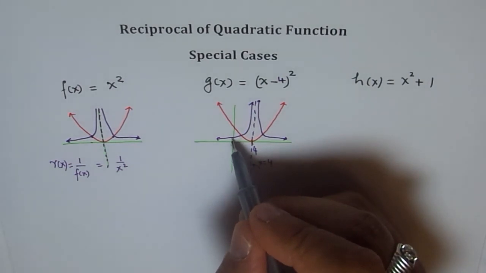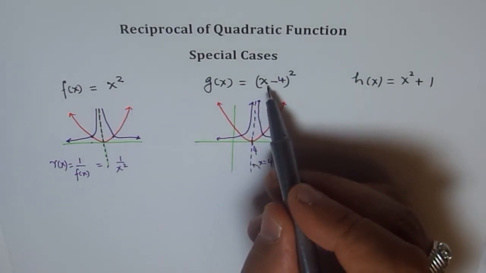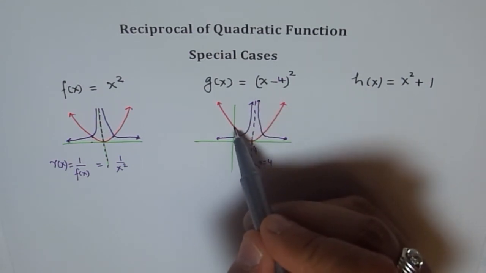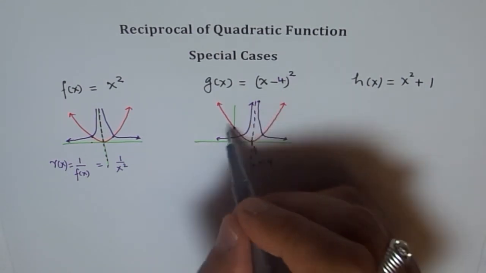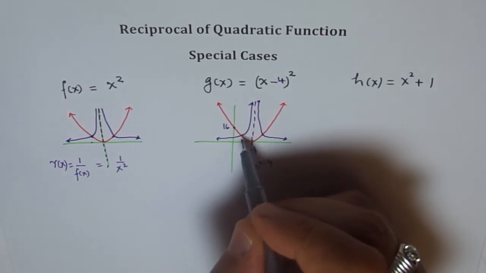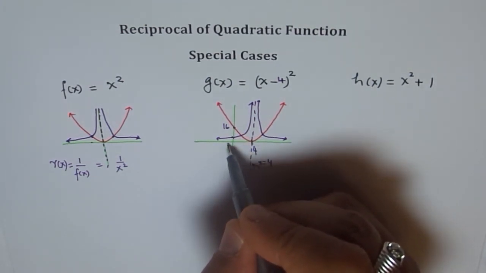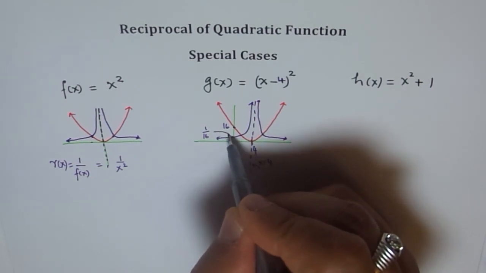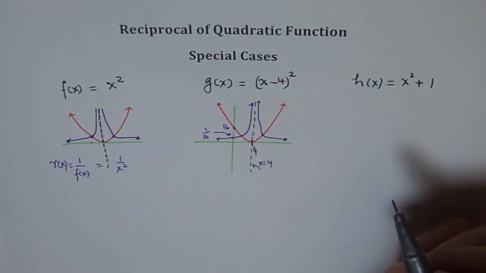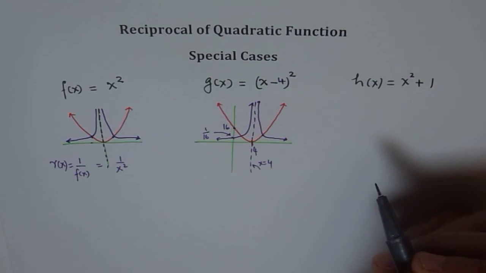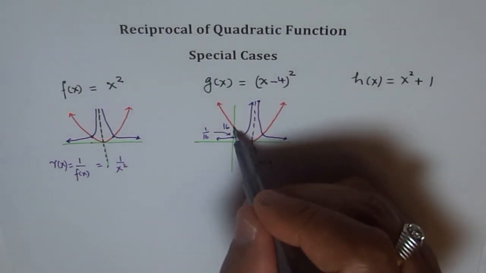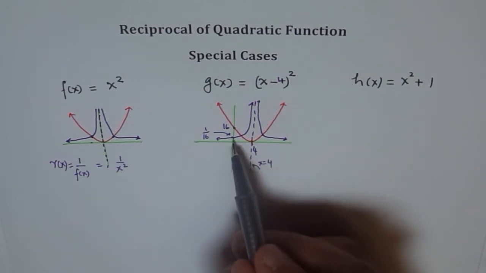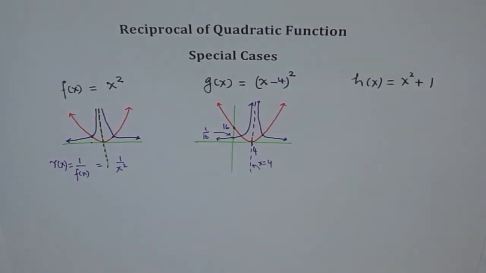And so this value, if I put x equals to 0, then I get a value here as 4 square, which is 16. Do you see that? And this value will be 1 over 16. Is that okay? 1 over 16, because reciprocal of 16 is 1 over 16, correct? A very small value. So as you can see, very close to 0, okay?